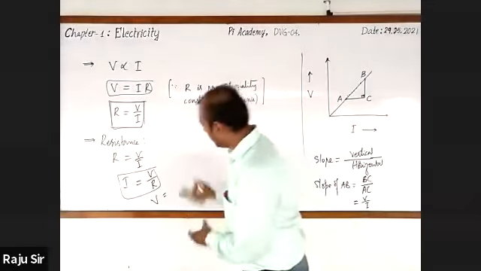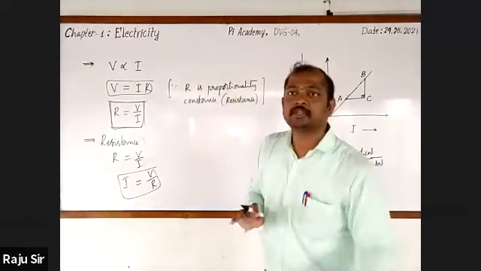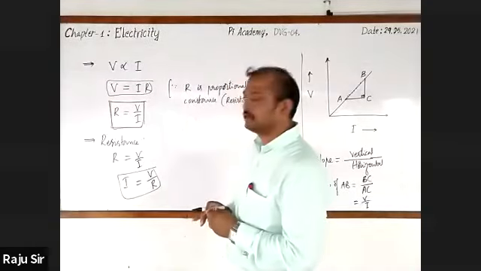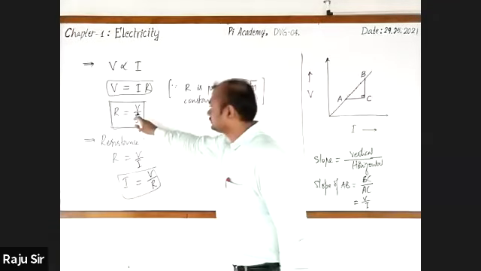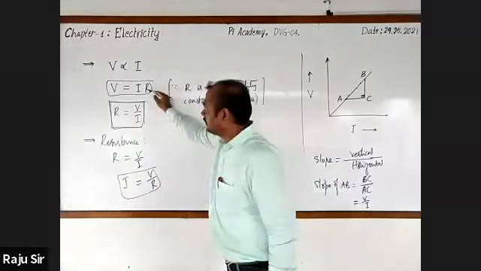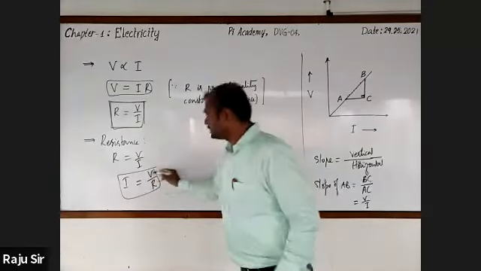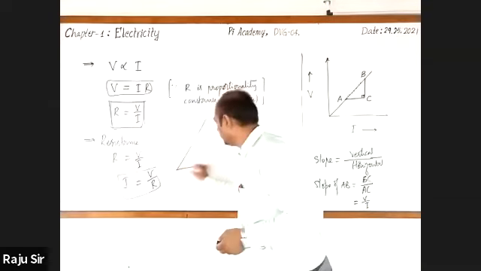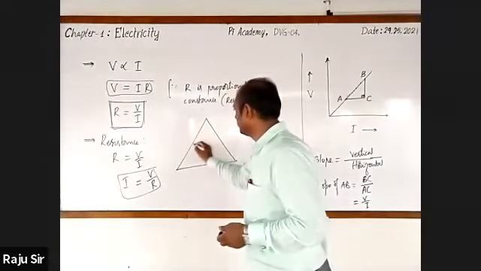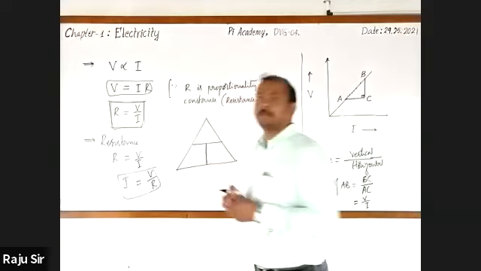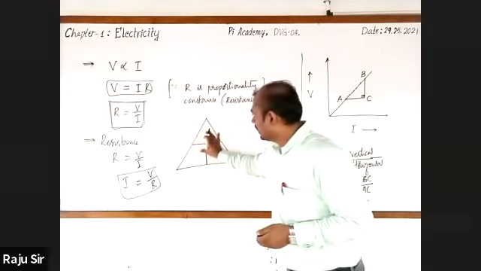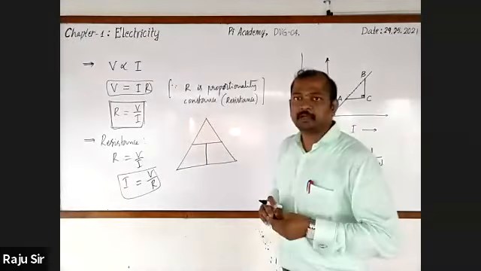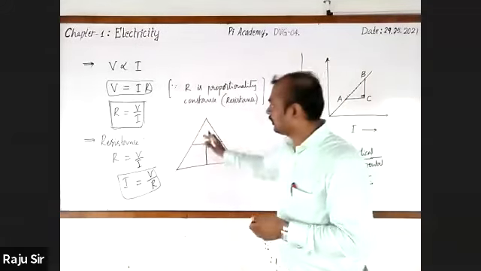The relationship among these can be represented with a geometrical figure. Please don't write, just look at the board. V is equal to I into R, R is equal to V by I, I is equal to V by R. Here I've divided this geometrical figure, a triangle, into 3 parts. Each part represents one physical quantity.